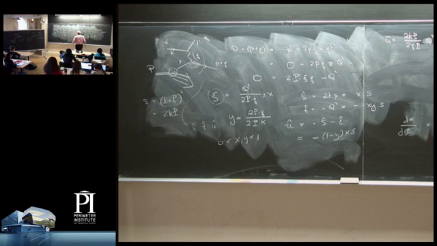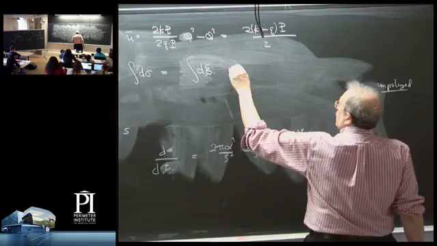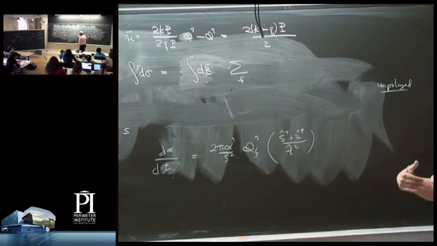OK. So now we have s hat equal to 2K dot P, which is equal to x times s. t hat is minus Q squared. And u hat is minus s. And by the way, Q squared is given by the following expression.